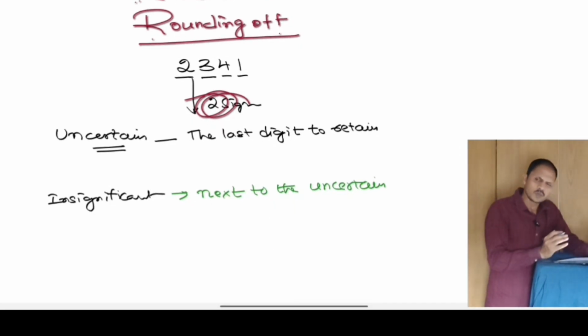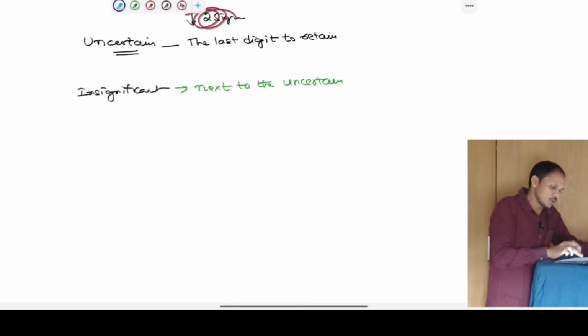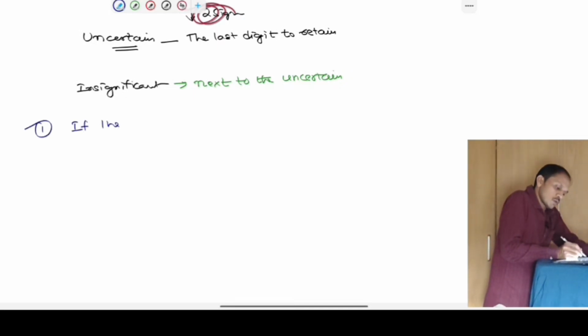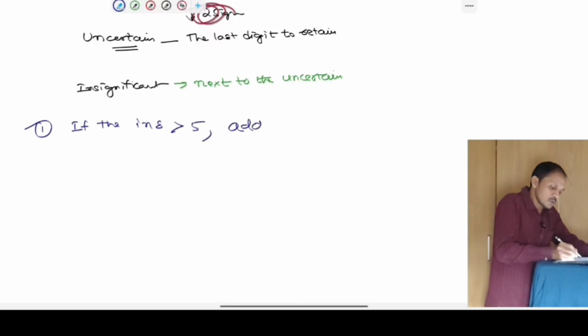So first of all, rounding off means we are removing the extra digits, keeping only a certain number of digits, right? While rounding off, what do we do? Let us see the first rule. Rule number 1: if the insignificant digit is greater than 5, then add 1 to the uncertain.